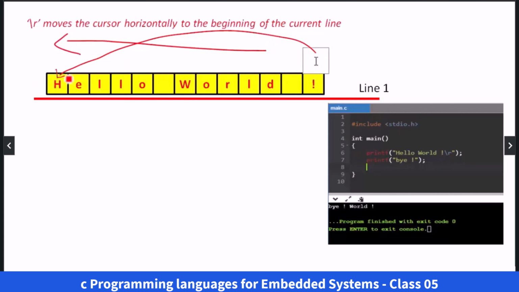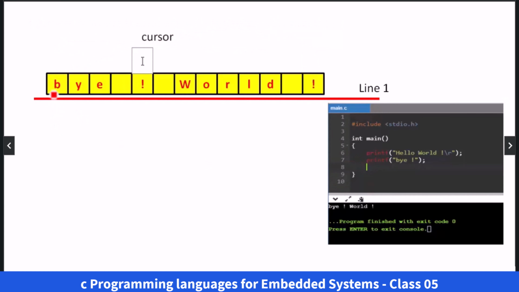The next printf executes from here, because this is now the current position of the cursor. So the old text is overwritten with the new string, bye, and now this is the position of the cursor. That's the reason you see this output.